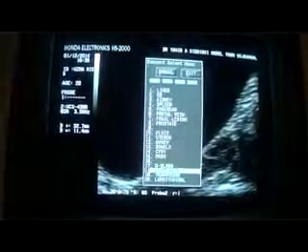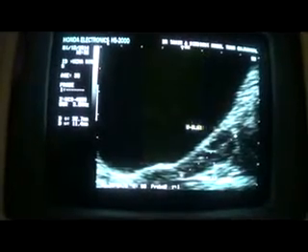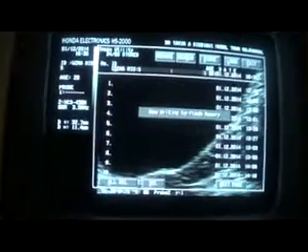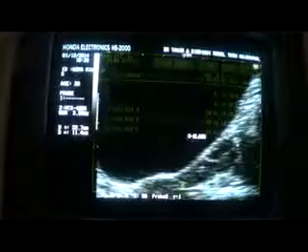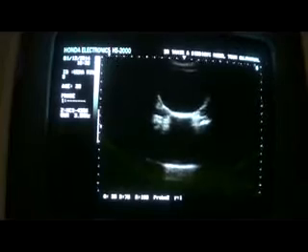This is the urinary bladder. This is the magnified view. So both ovaries are polycystic. This is finding number one. Further, what's the other finding?